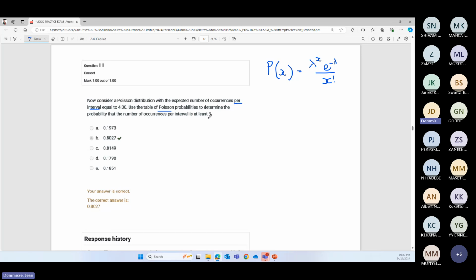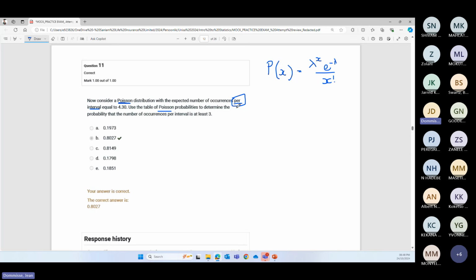But Poisson, there will always be this per something. So per minute, per interval, per time frame. So that is always the important one to look out for. So if I don't mention that it is per interval or per time, then we know it is the binomial.